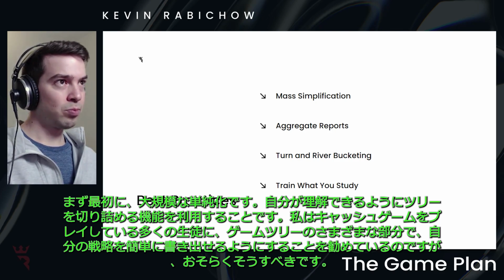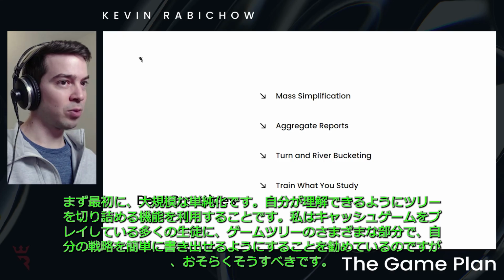You probably should, and I definitely encourage a lot of my students who are playing cash games, you definitely should be able to write out in a simple way what your strategy is at the different parts of the game tree.